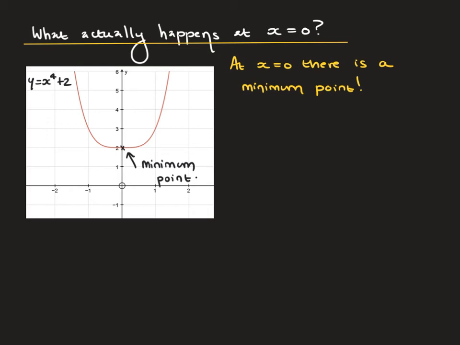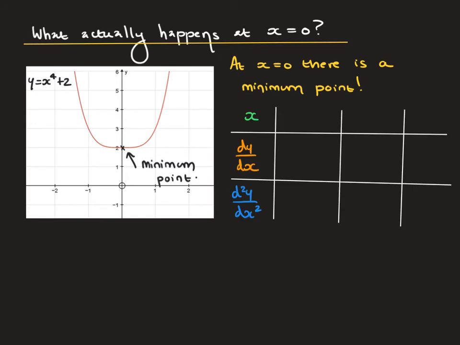Now, how could we confirm that this is very definitely a minimum point rather than any kind of point of inflection? Well, the answer lies with the first derivative, and that's exactly what we're going to go back and look at. So let's take the x value of 0 and let's explore what happens either side. So x equals negative 0.5 and x equals 0.5.